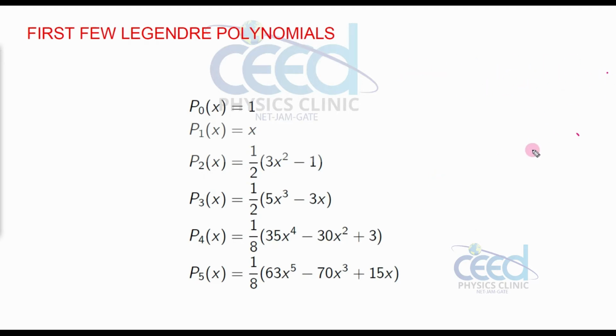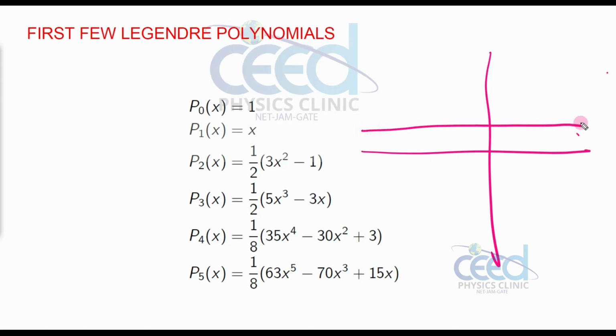This P0 of x is a constant, right? So if you draw a number line, it is a straight line parallel to the x-axis as it is a constant. Here it is 1. Here I am representing Pn of x, and here I am representing the x value.